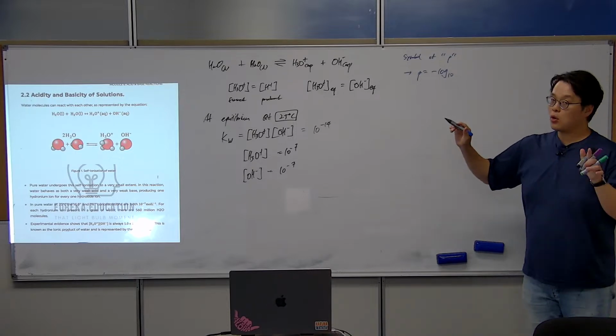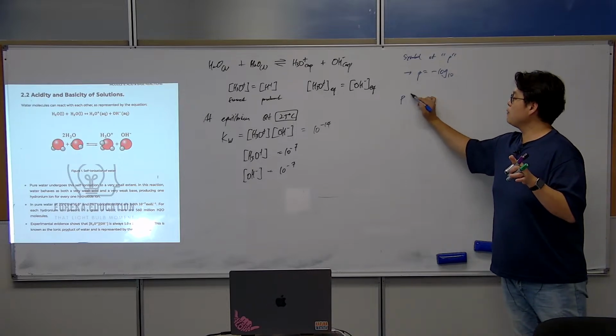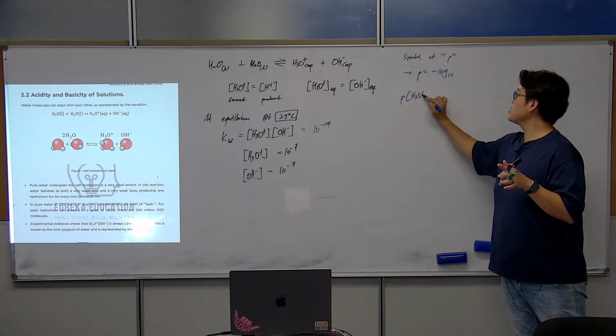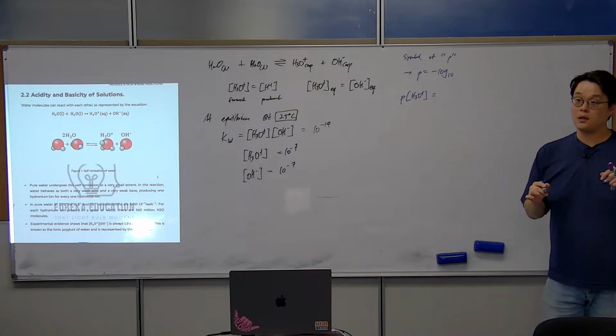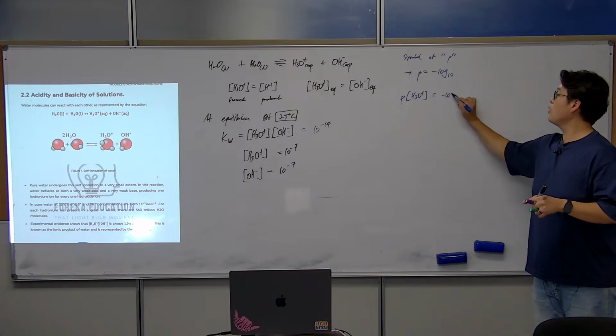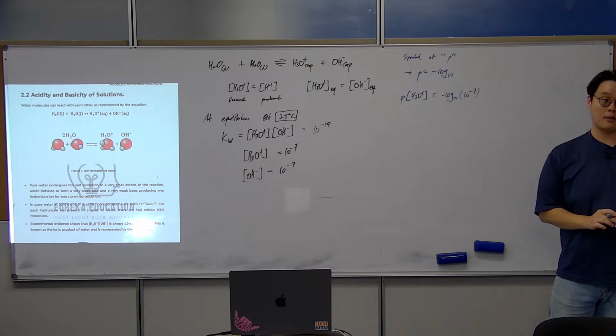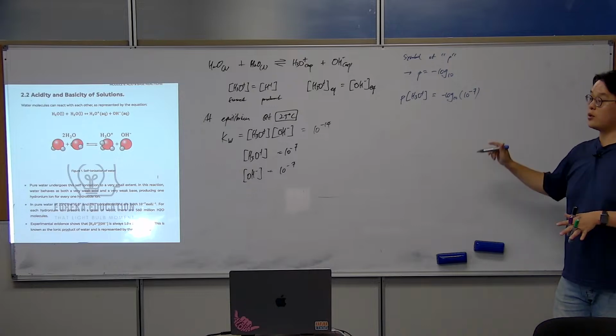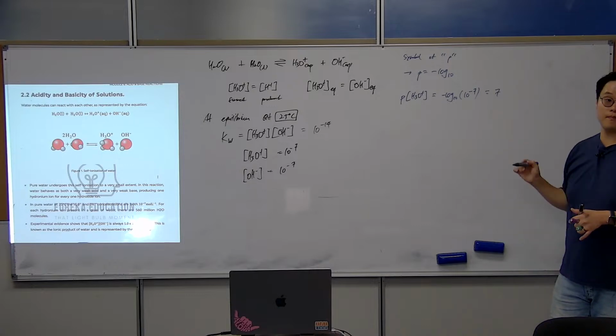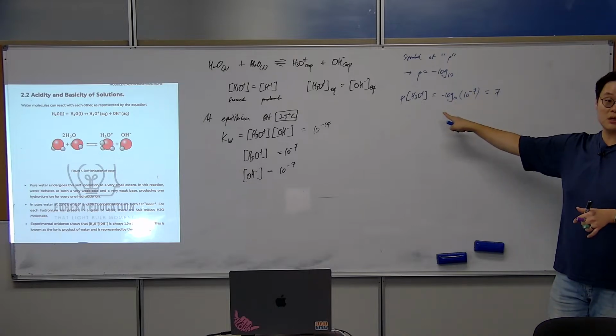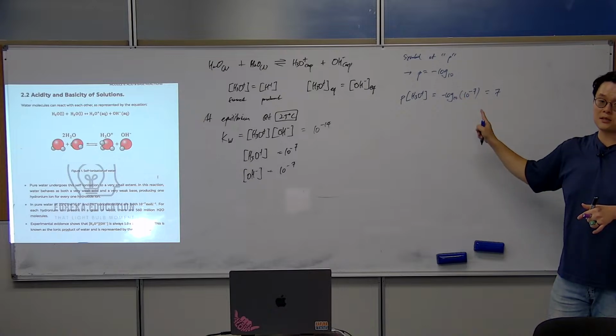Then what I can do is a P of the H3O plus. That would be minus log 10 of the 10 to the power minus 7 at the room temperature. Now, as you learned some of the log rules, this is what? 7. The power comes out, cancel out the 10, same base, and cancel out that too.